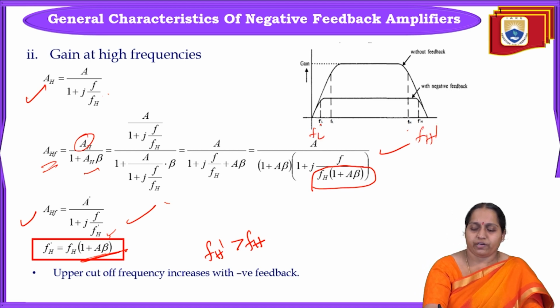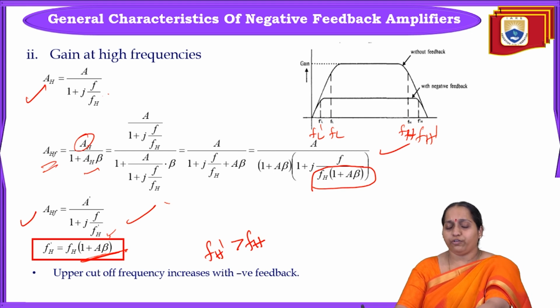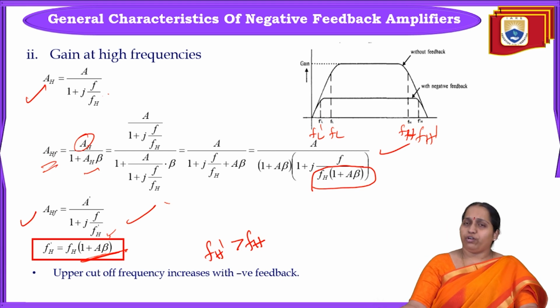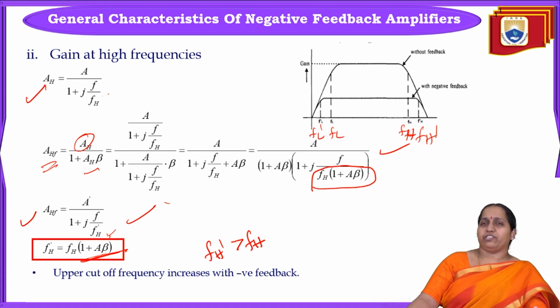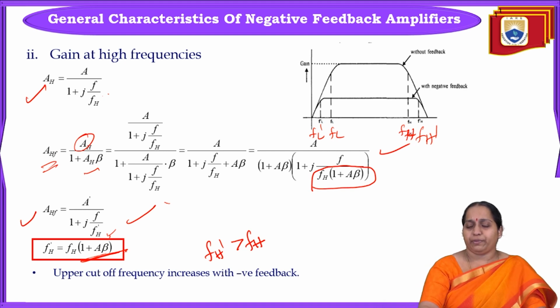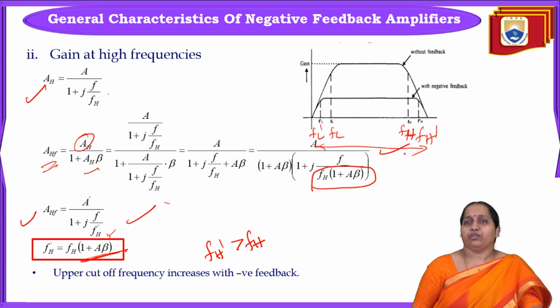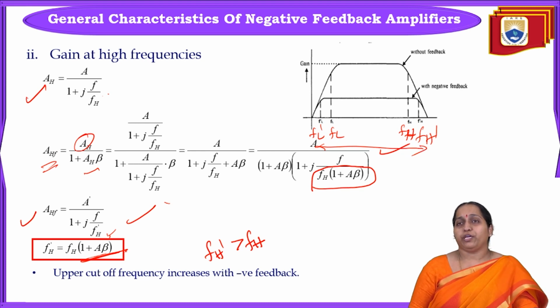This is FL dash. This is FL. This is FH. So lower cutoff frequency is reduced and upper cutoff frequency is increased. So generally bandwidth will be given as FH minus FL. So compared to without feedback, this width will be definitely more. So the bandwidth with feedback will be high.